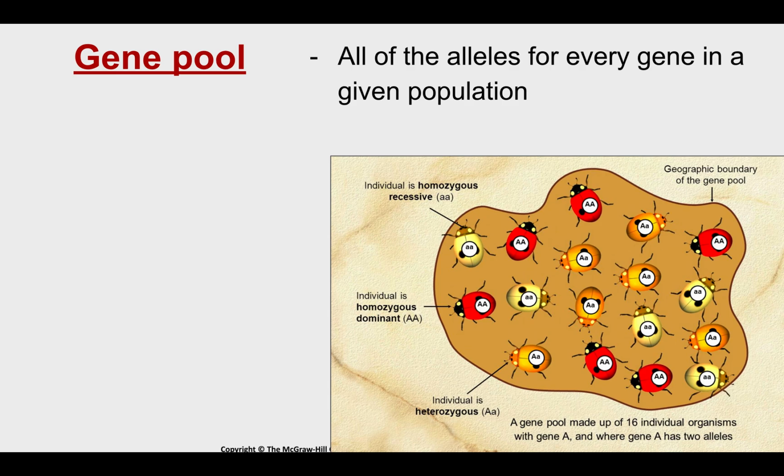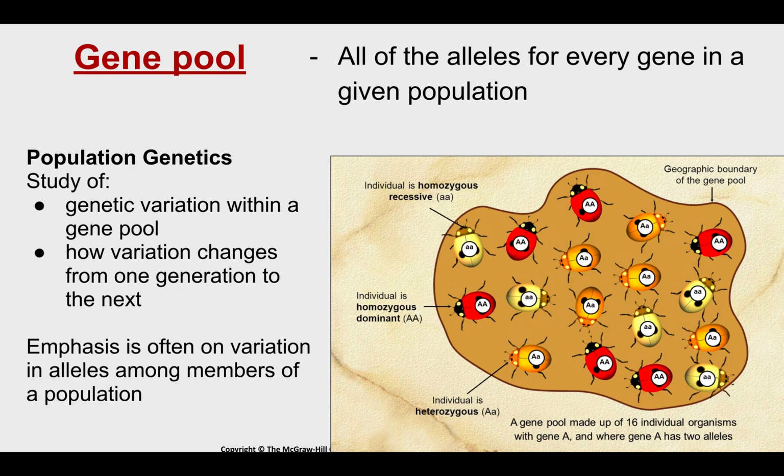We're going to focus on 1, maybe 2 genes at a time, which is what this image up here is doing. It's focusing on this gene A, right, which determines the beetle color. Right? We are just looking at the gene for color. Even though technically the gene pool would encompass every single gene that these beetles have, we're just looking at a subset of those genes, in particular the one gene for color, right?